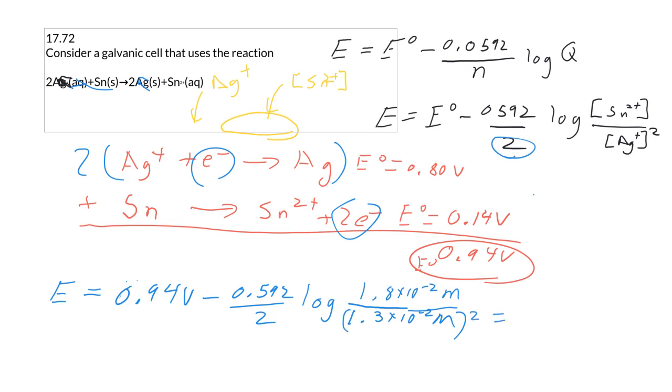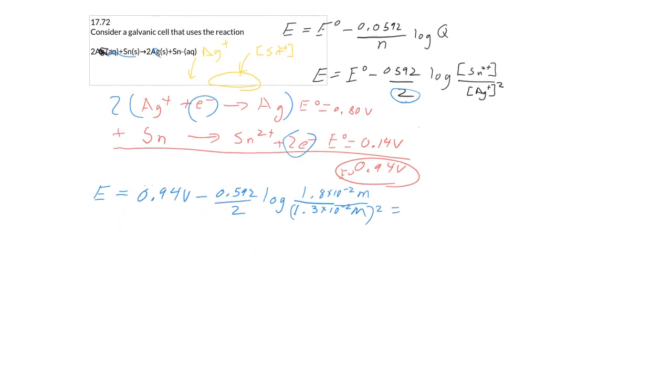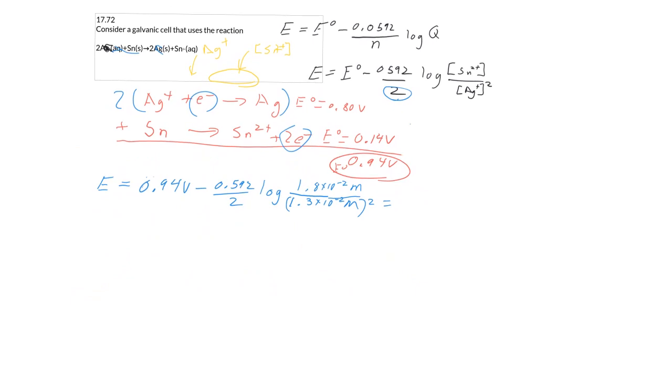So now let's plug that all into our calculator. Actually, let me do a little bit of simplification here too. We've got E equals 0.94 volts minus 0.592 divided by 2 times the log. And I'm going to simplify this term in here real quickly for us.